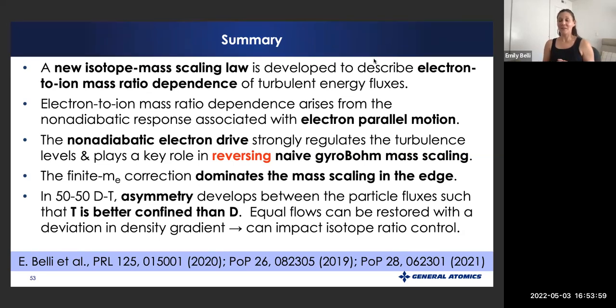Personally, I don't know at this standpoint if it's possible to have a quasi-linear analytic theory for the particle fluxes in the same way. I think that would be a very difficult problem.